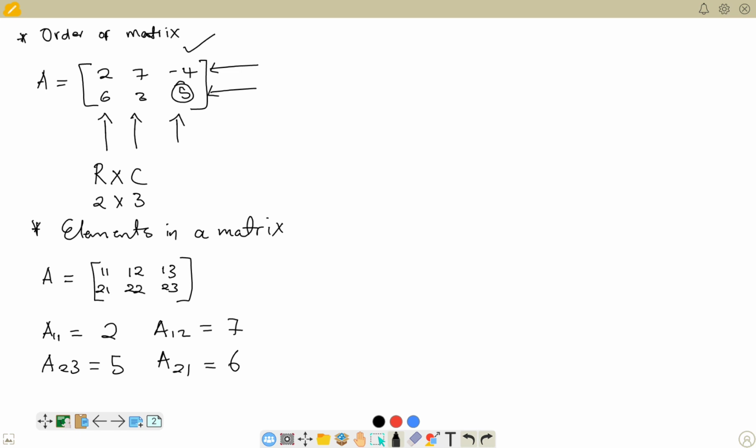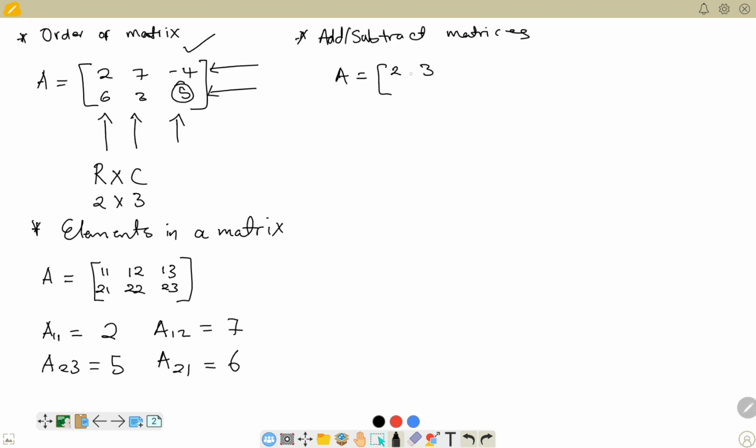So because now that we know how to identify the order and we know how to identify the elements in a matrix, what we need to do is to know how to add, and we also need to know how to subtract matrices. According to the rule, in order for us to add or subtract matrices, they have to be of the same order.